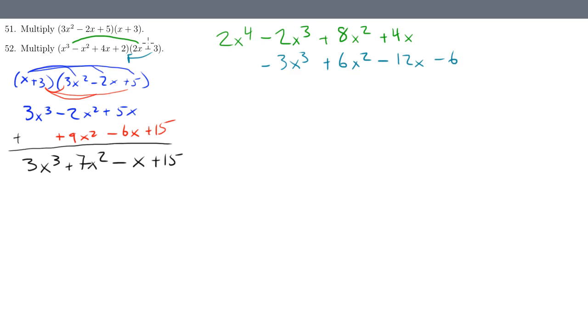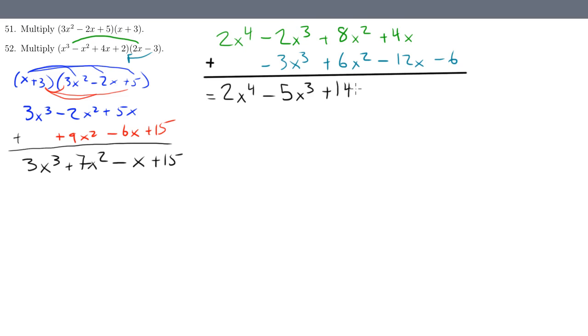Okay. Yep, that looks good. 4, 1 plus 3 is 4. 0 plus 3 is 3. Great. Alright. And then we add this all up and we will get 2x to the 4th minus 5x cubed plus 14x squared minus 8x minus 6. By Jove, I think we've got it.